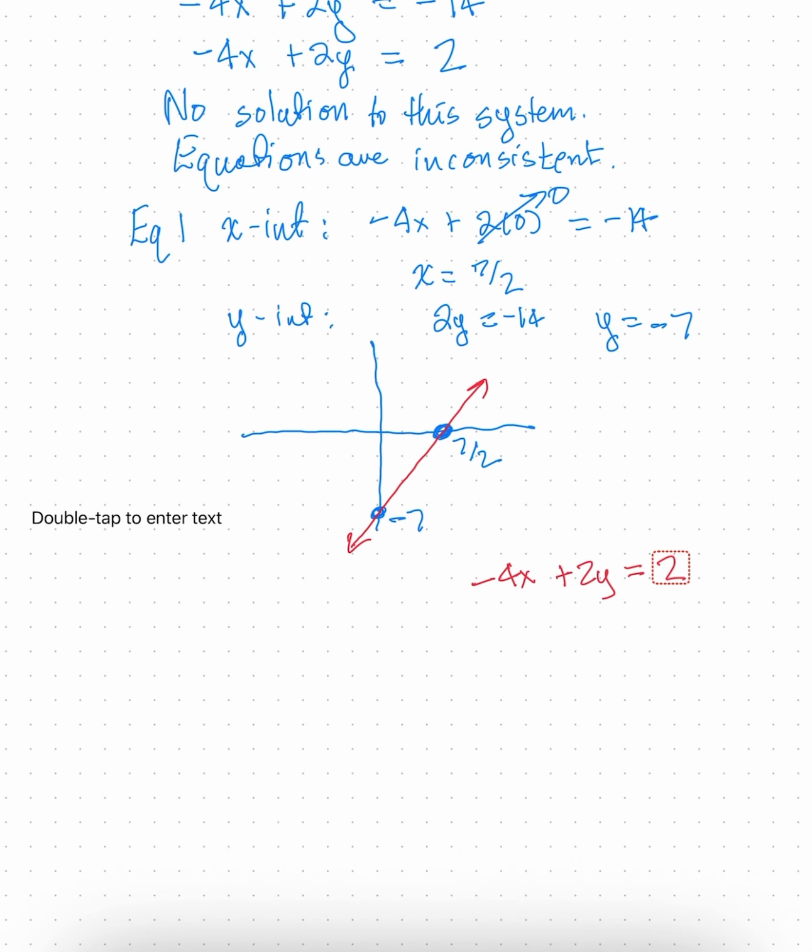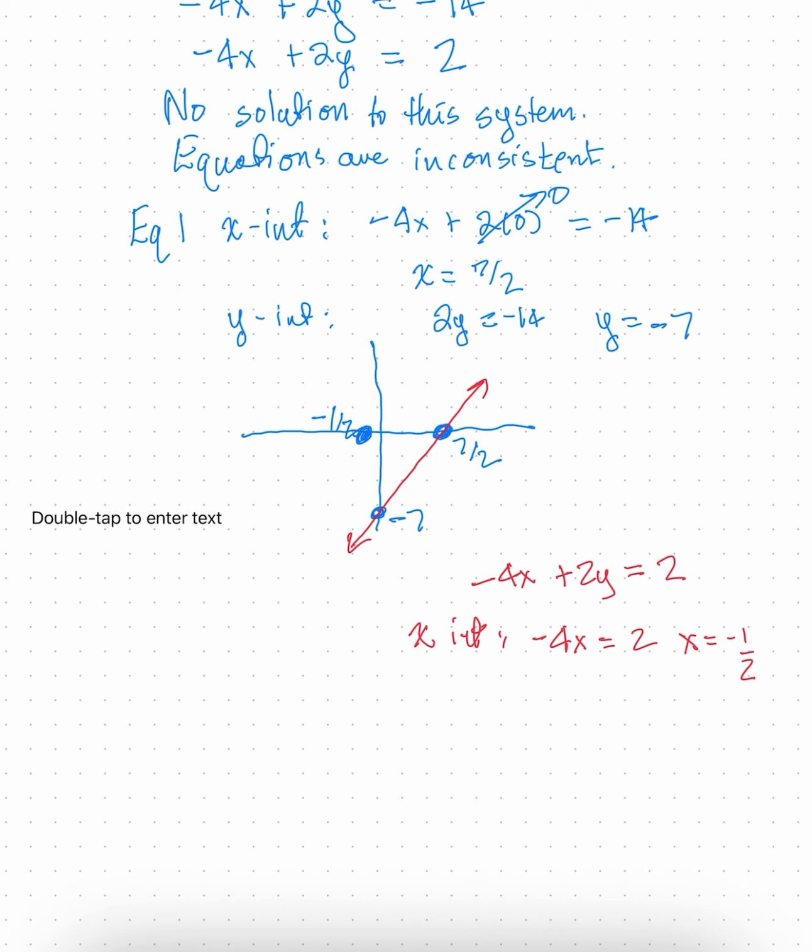And what we would have is, for the x-intercept, negative 4x equals 2. That gives me x equals negative 1/2. So I'm going to just locate on the second line x equals negative 1/2. That is our x-intercept for line number 2.